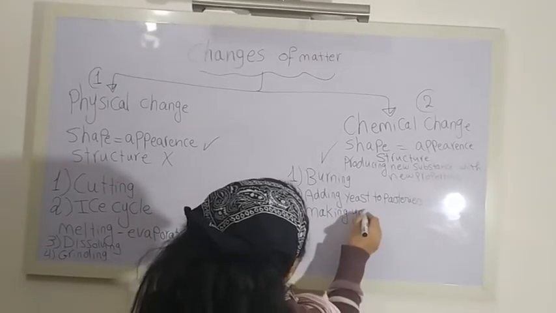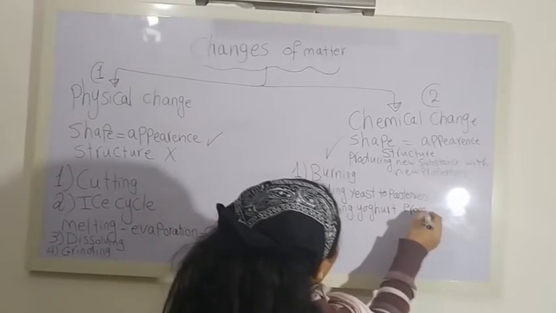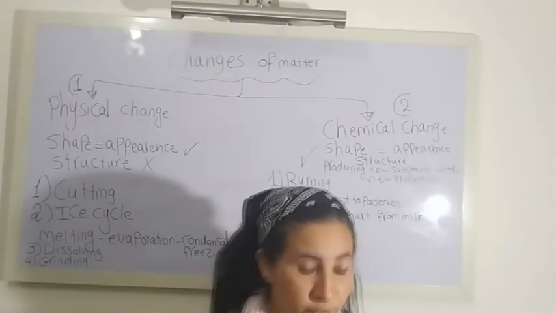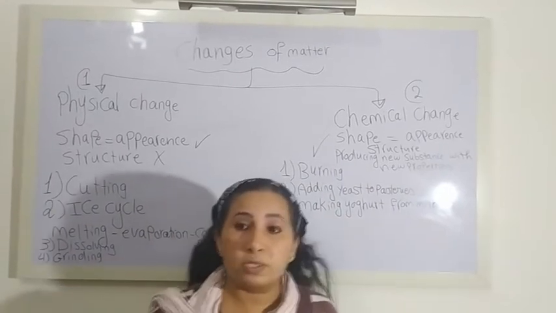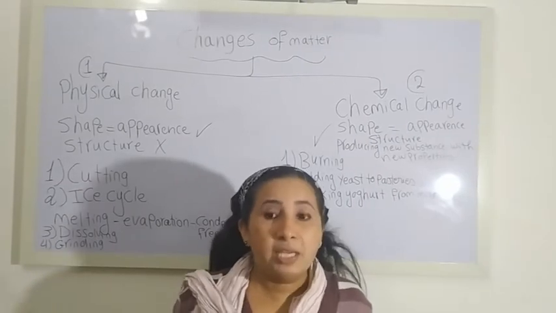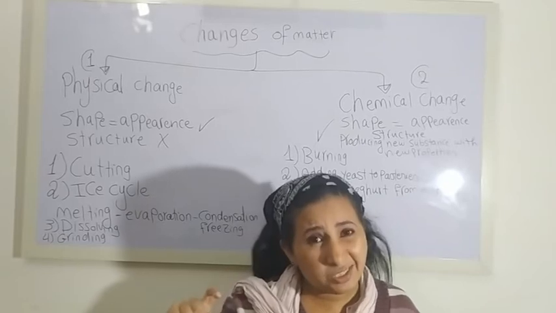Number 3, making yogurt from milk. It's a chemical change, because when I produce yogurt from milk, it changes completely from the milk. Can I drink tea with yogurt, do you think?